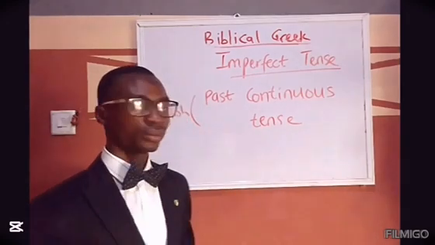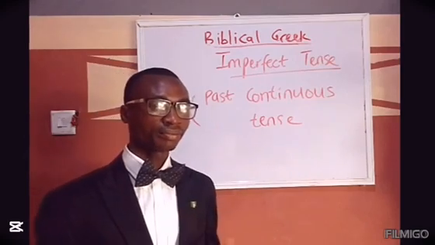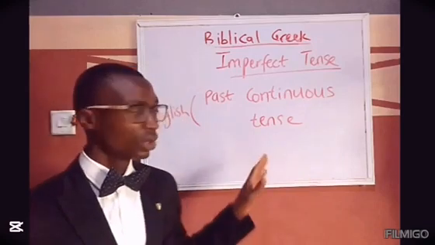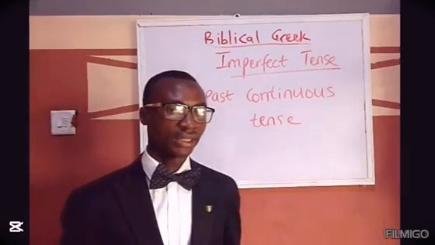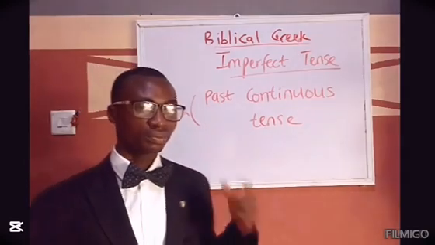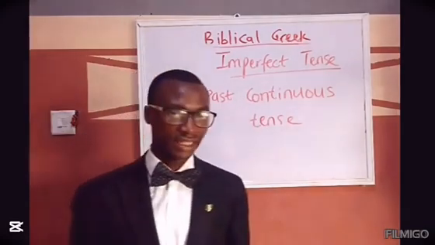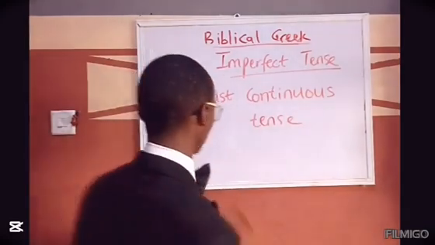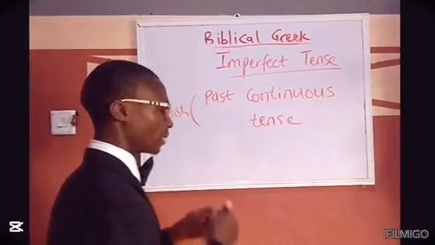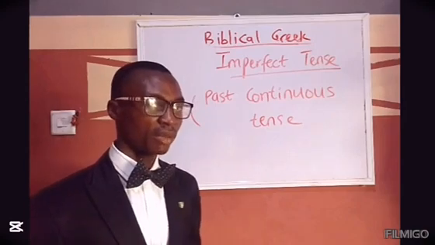Now let me put it up as a recap of the last lesson. Then we'll see a few vocabularies and then talk about a few exercises using the imperfect tense in biblical Greek. The endings are very important, so you should understand and learn endings extensively in biblical Greek.